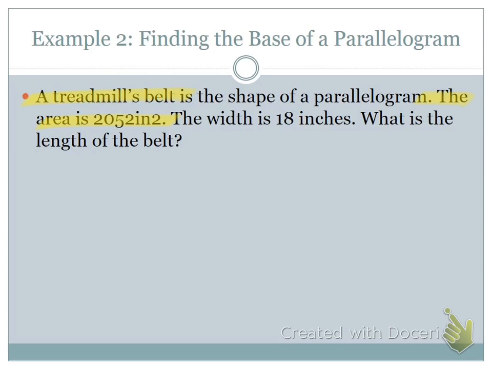So I know I'm using the area formula, A equals BH. The width is 18 inches. What is the length of the belt? Well, I don't like the wording that they used, but width is going to be our height and length is going to be our base.